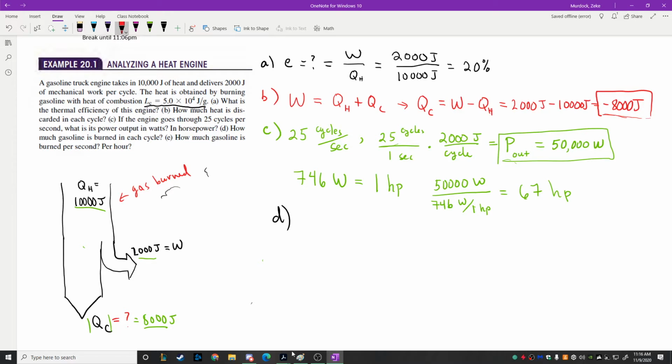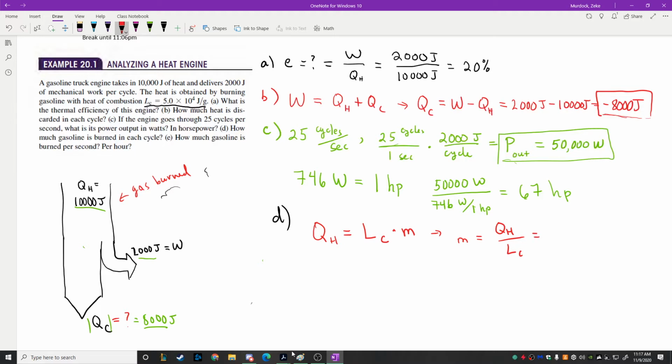Here, let's write it like this. So QH should be equal to the latent heat of combustion multiplied by the mass that's burned. So we can use that to solve for the mass. The mass is going to be equal to QH divided by LC.